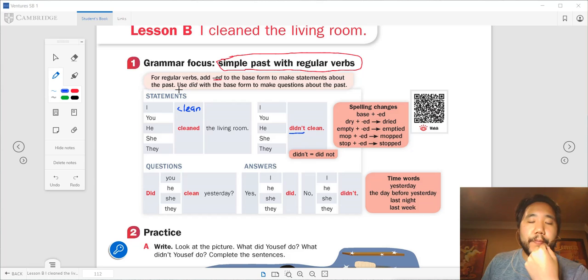So for example, when we're asking questions with were, the subject pronoun had to be either you, so were you, or it has to be were they. So, were they nurses before? Were you a nurse before?